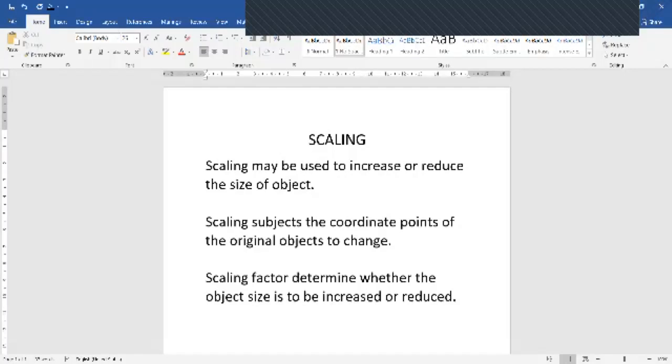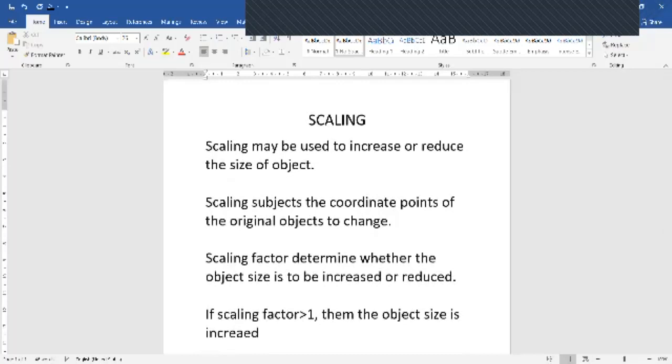Now, there is another important point regarding scaling: if the scaling factor is greater than 1, then the object size is increased.